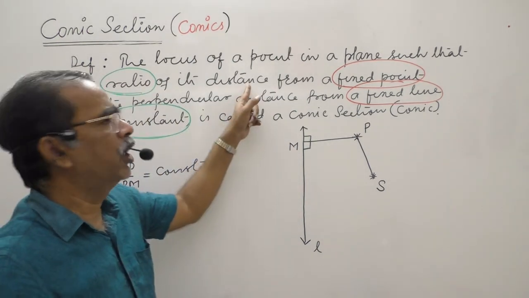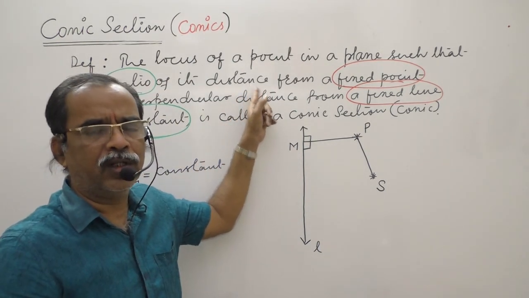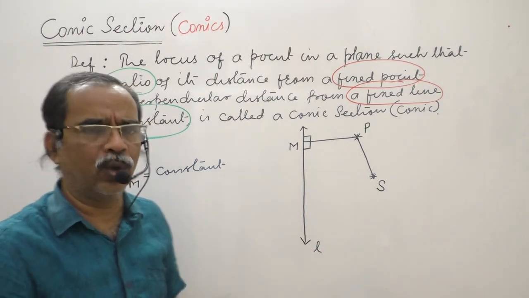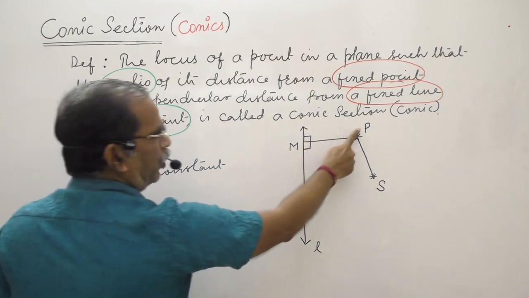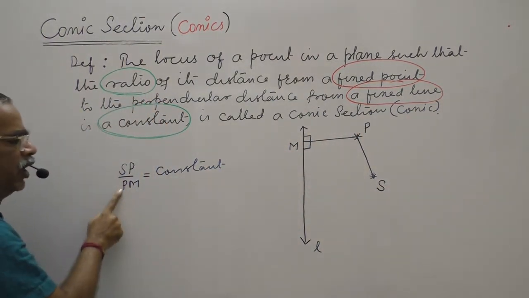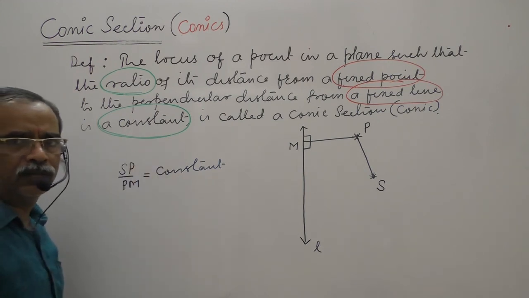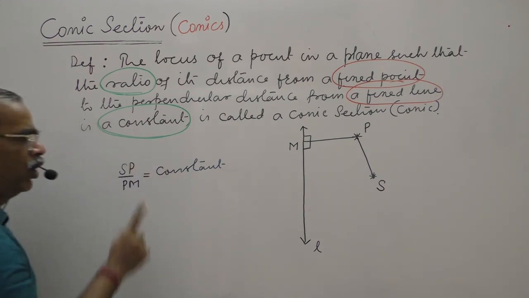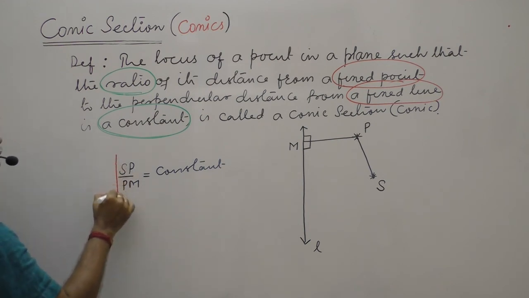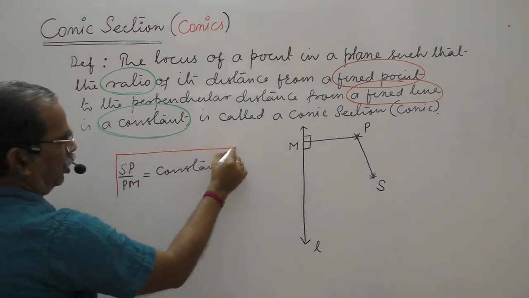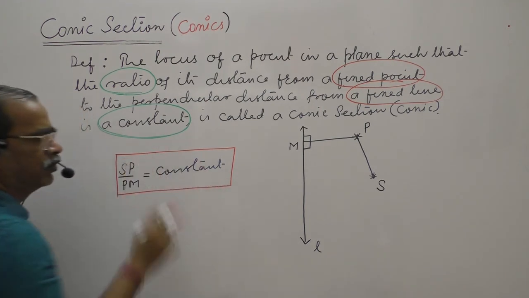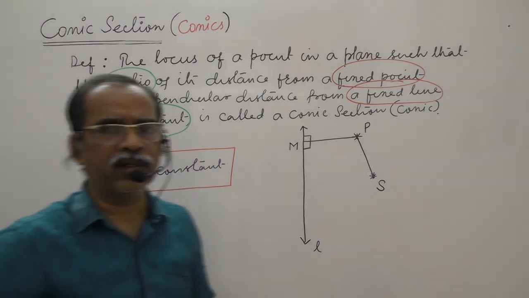If anyone asks you what a conic is, very simple: the locus of a point P satisfying the condition SP by PM equal to e is called a conic section. That's all. What is a conic section?